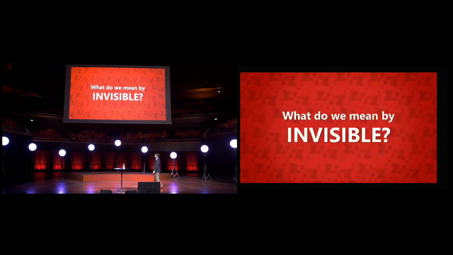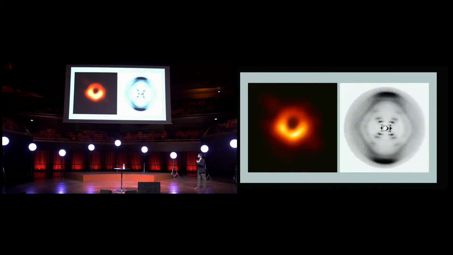So the first question I think I need to answer is, what do we mean by invisible? It can mean lots of different things. It can mean things that are too big and too distant to be seen easily by the naked eye, such as this image of the black hole that was created by the Event Horizon Telescope's team in 2020.